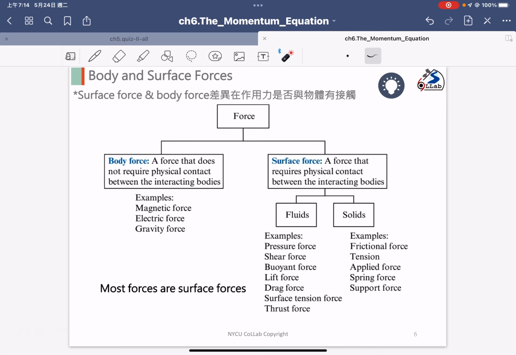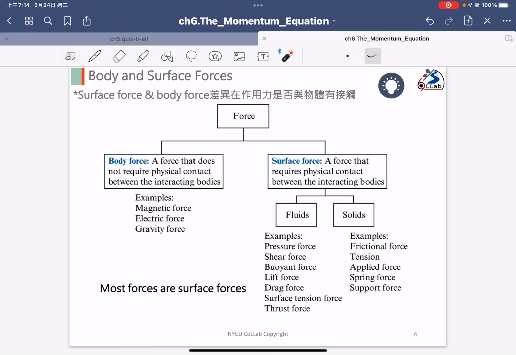So the slide summarizes all the forces related to body force and surface force. On the left hand side, because body force does not require physical contact, the examples shown here are magnetic force, electric force, and gravity force. And the right hand side lists the surface forces.